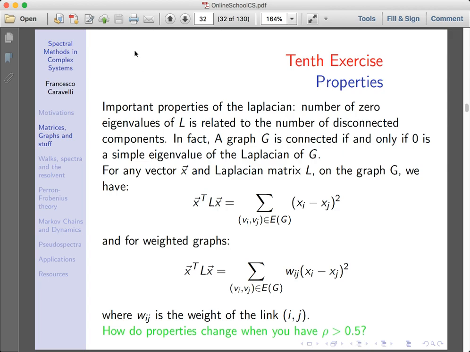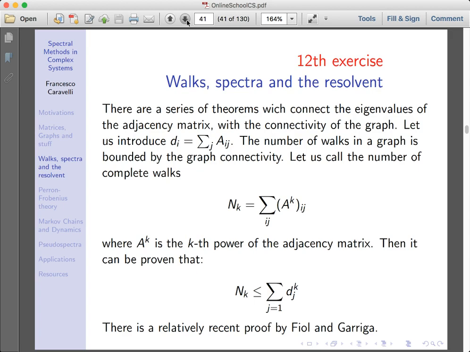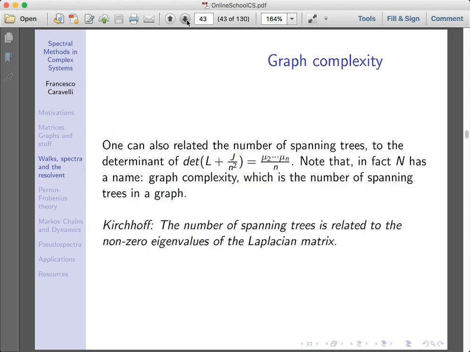This means x must be an eigenvector with eigenvalue 0 if x is a uniform vector, and this shows that there is at least one eigenvalue which is 0 for the Laplacian. As it turns out, the number of 0 eigenvalues is exactly equal to the number of connected components, and when you calculate the complexity of the graph, adding the matrix J divided by n squared is key to not obtaining 0.